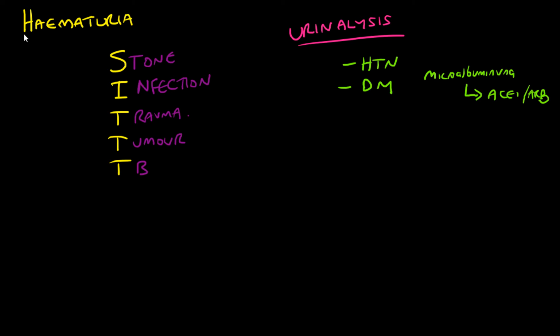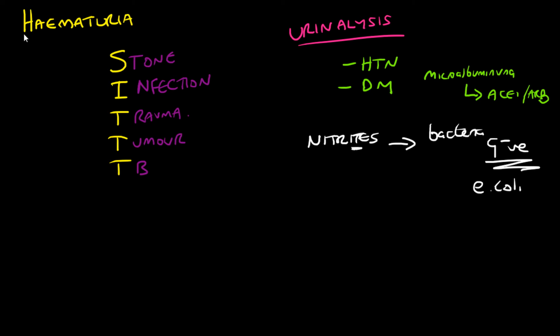Another important thing to say would be nitrites. So don't say nitrates, nitrites. If they're present in the urine, it's because bacteria, particularly gram-negative bacteria such as E. coli, eat nitrates and give nitrites.